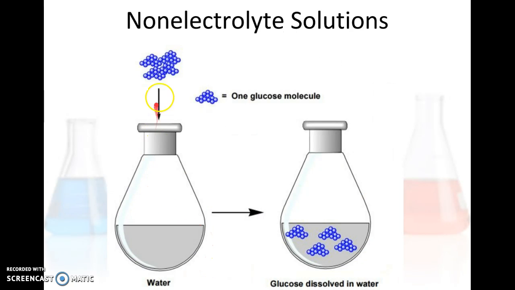Just like here, you can see that the clumps of glucose are together. They're clumped together. Then when you put them in water, when they dissolve, they break apart using the polarity from the water. Because glucose is a polar molecule. It's a sugar. It has some oxygens and hydrogens and carbons.